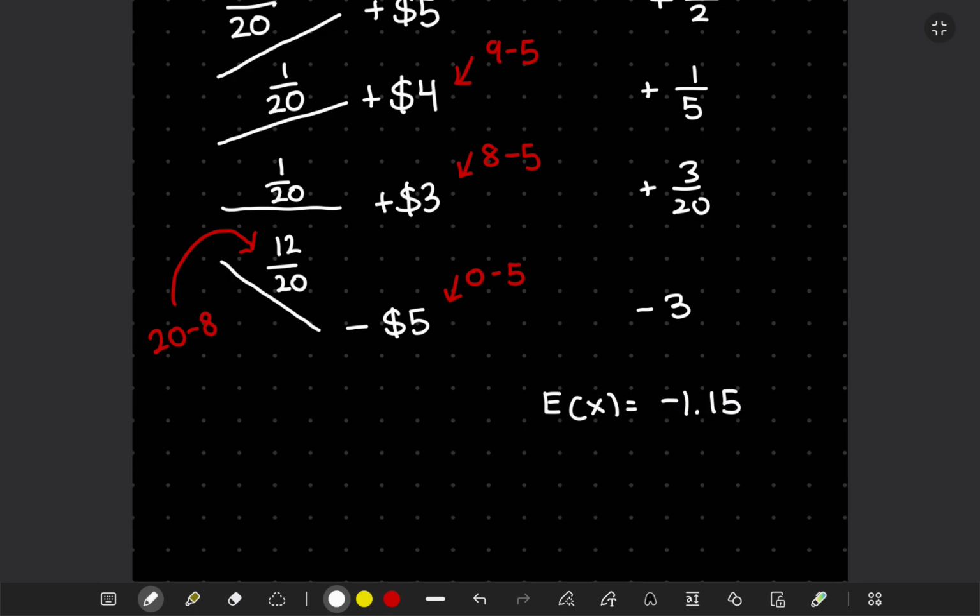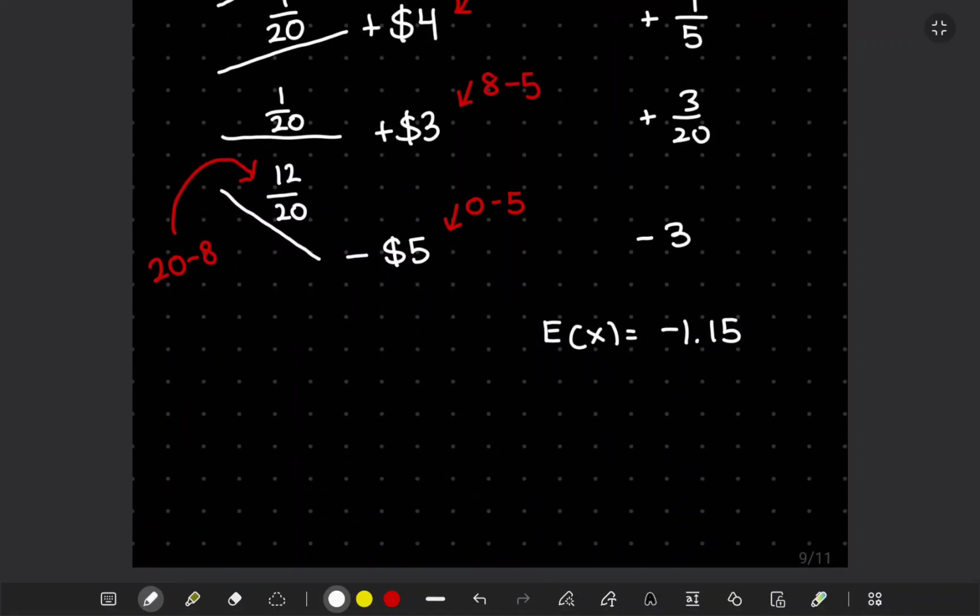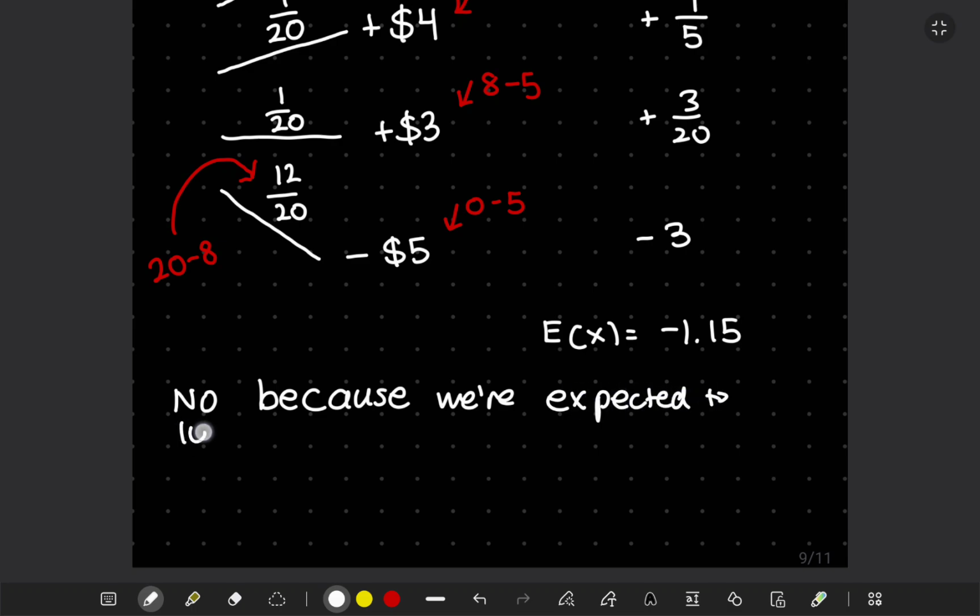Is this fair? Or should I do it? Well, one thing to keep in mind is because our expected value is negative, we typically say no. And this is a sentence I like to always use. I say no, and I have to establish my reason. No, because we are expected to lose value over time.